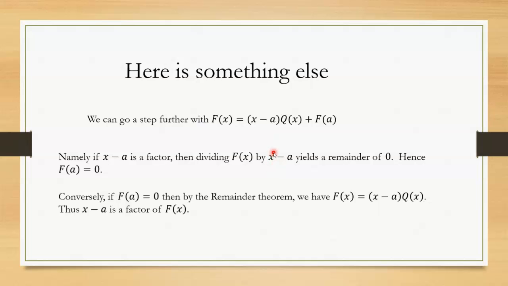It's just like with integers: if you have a number that's a factor, when you divide, you have to get 0 as a remainder. So when you divide capital F of x by x minus a, you really have to have a remainder of 0. What is the remainder? It's f of a. So this forces f of a to be 0.